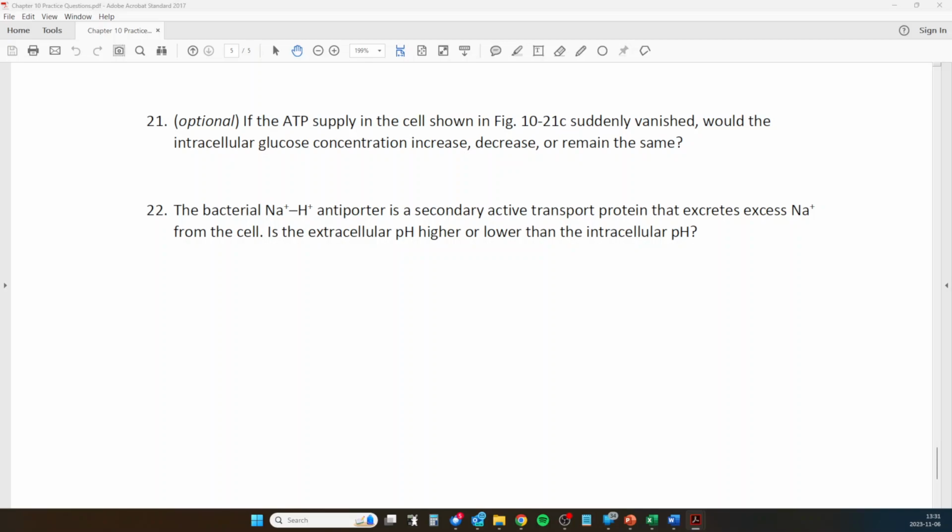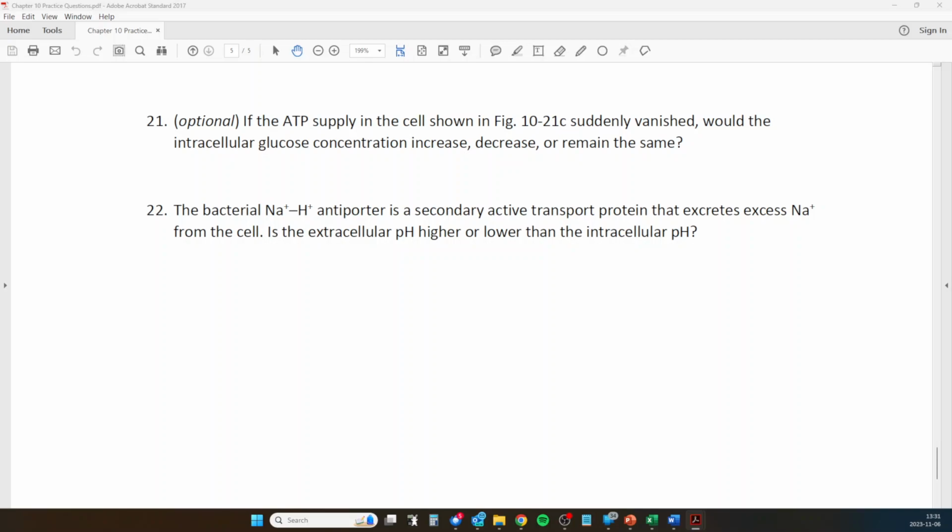So to push sodium outside, you're pushing an ion against its gradient, right? And so the antiporter is using the movement of protons down their gradient to help drive that. So as protons are going down their gradient, that's helping to provide energy to push sodium ions against their gradient.